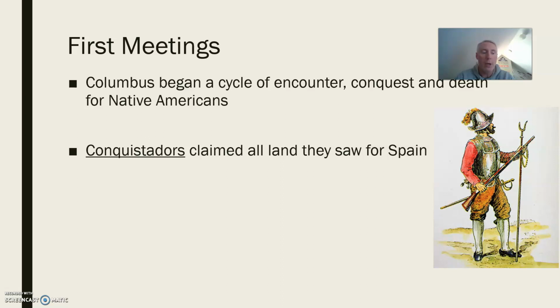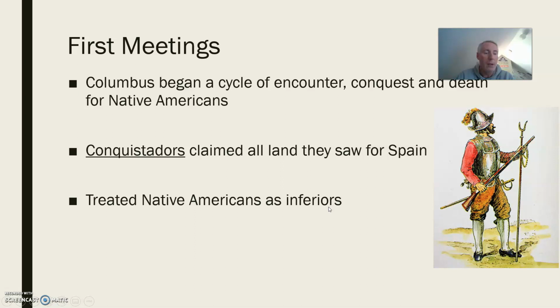So conquistadors started coming in large numbers, and they began claiming large pieces of land for Spain, and they treated the Native Americans as inferior. They considered themselves to be civilized. They believed that because they were Christian, they were better than the heathen Native Americans, and so that explains the logic in why they oppressed and exploited the Native Americans so much.